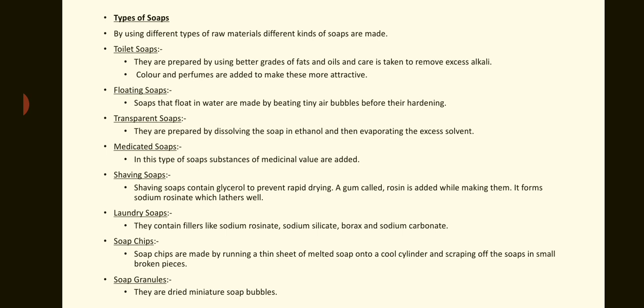Alkali means basic substance whose pH is more than 7. Color and perfumes are added to make these more attractive. Second is floating soap. Soaps that float in water are made by beating tiny air bubbles in before they harden.